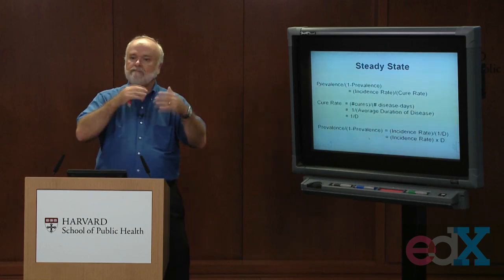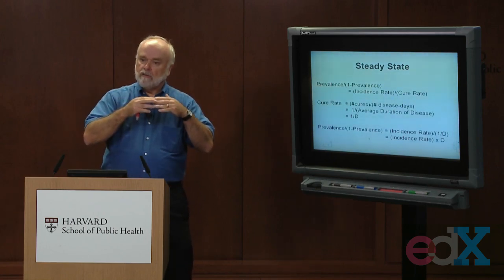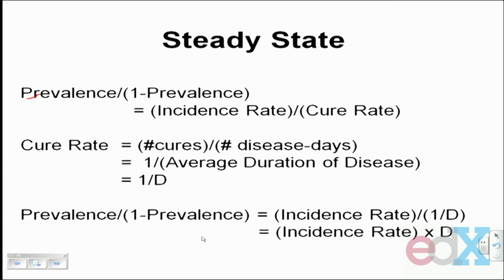What's the average duration of disease? How long does a person stay with disease? Well, it's going to be the inverse of that cure rate. So the cure rate is going to be nothing more than 1 over the average duration of disease, and let's represent that by 1 over d.